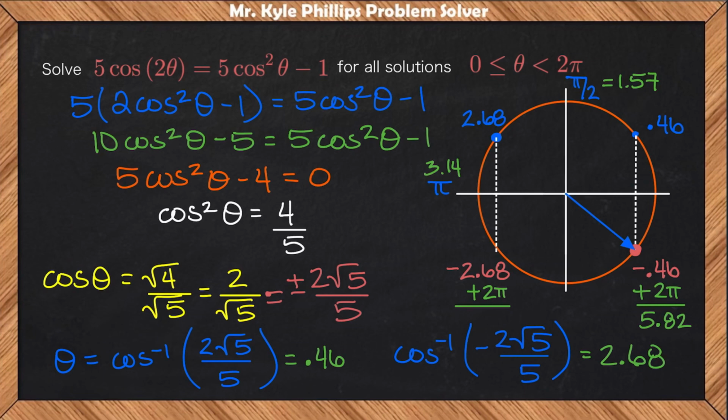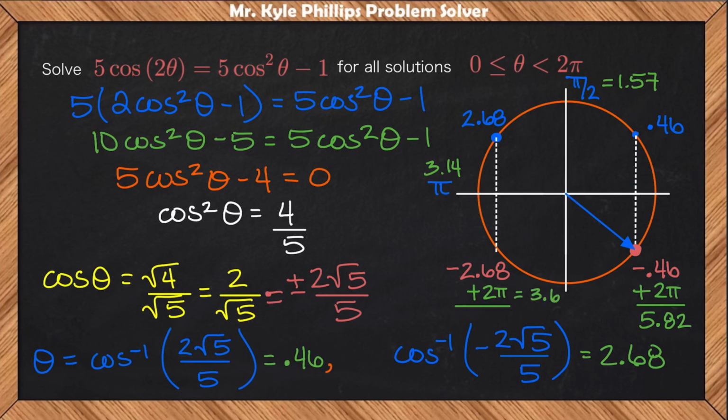So here we'll say that this is equal to 3.6. So here are my solutions. I have 0.46 and 5.82. I also have 2.68, and across from that I have 3.6. So these are going to be my 4 solutions to this problem.